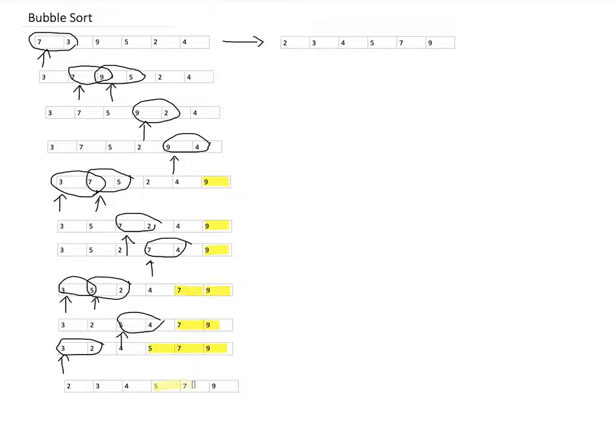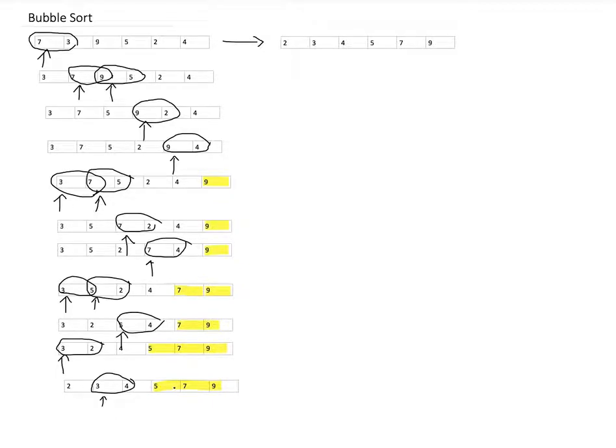And let's color these. After swapping, we move the pointer to the next location and compare 3 and 4. There would not be any change because 3 is less than 4.